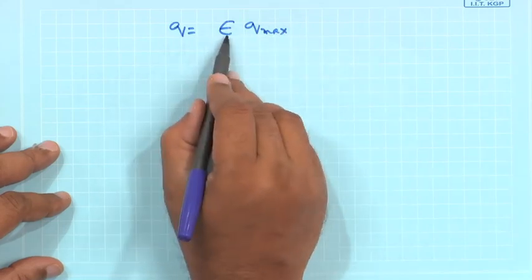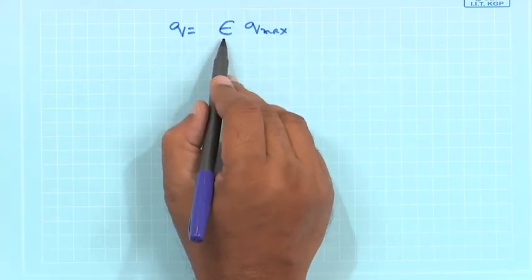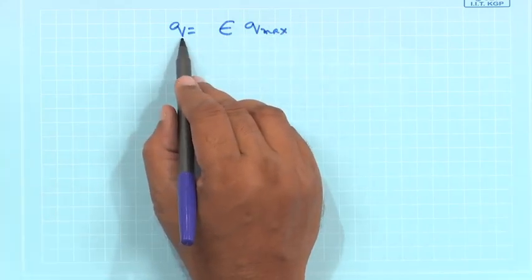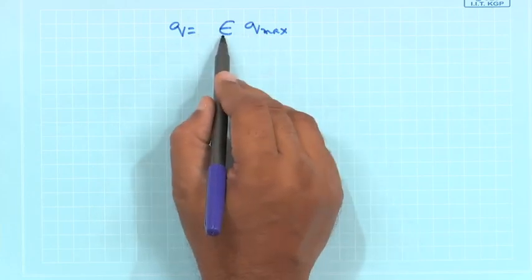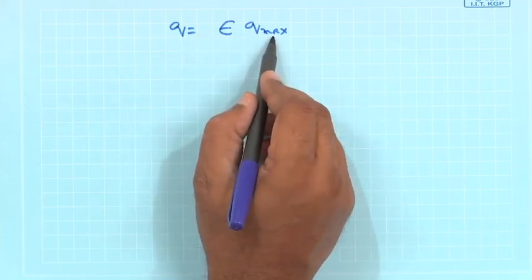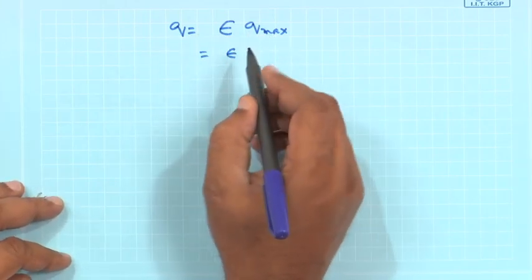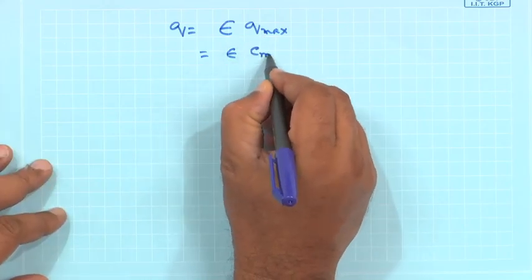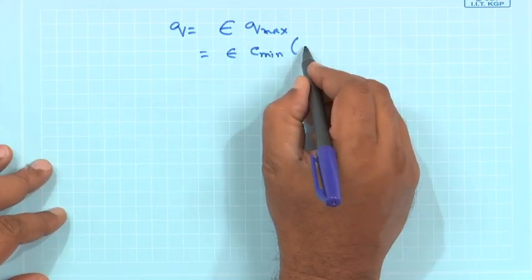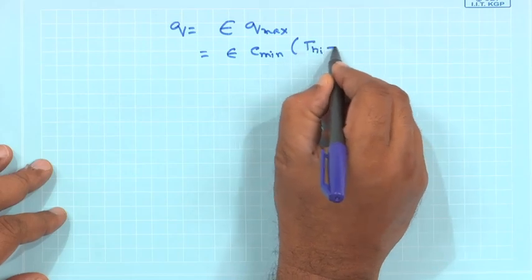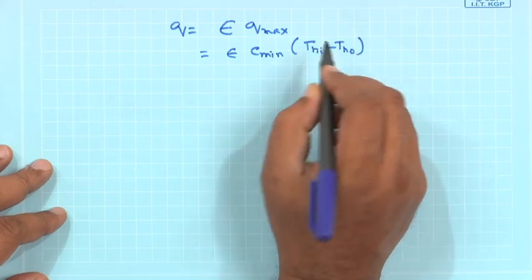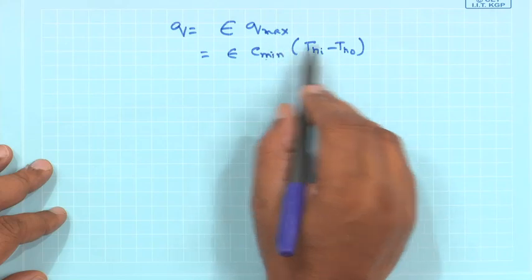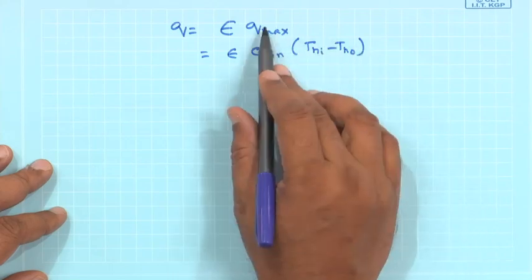So, this is the definition of the effectiveness epsilon, where Q, the actual heat transferred, is epsilon times the maximum heat which is transferred. So, what is the maximum heat that is transferred? It is equal to C minimum times (T_hi minus T_ci). So, that is the way you calculate this.